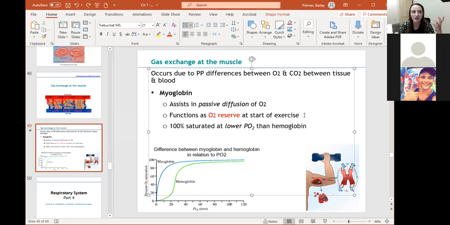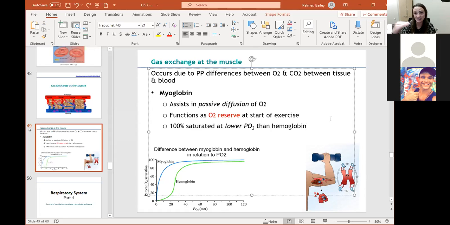Even though our muscles aren't really getting enough oxygen, there's still a small reserve there at the very beginning of exercise. And then it's 100% saturated at lower partial pressures than hemoglobin. And we see that by this graph.